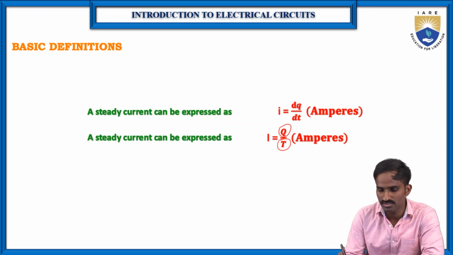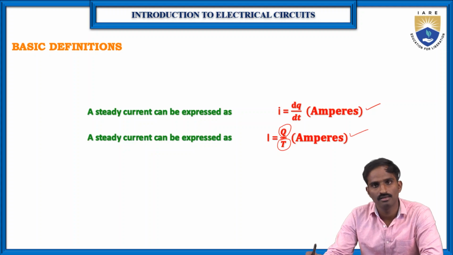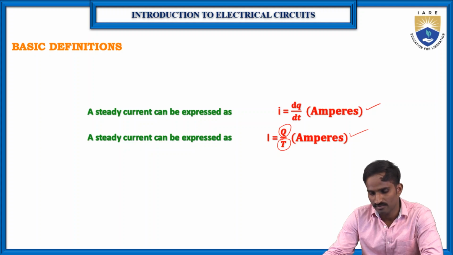In both cases, current is measured in amperes, that is coulomb per second, because the unit for charge is coulomb and the unit for time is second, so coulomb per second is nothing but ampere.